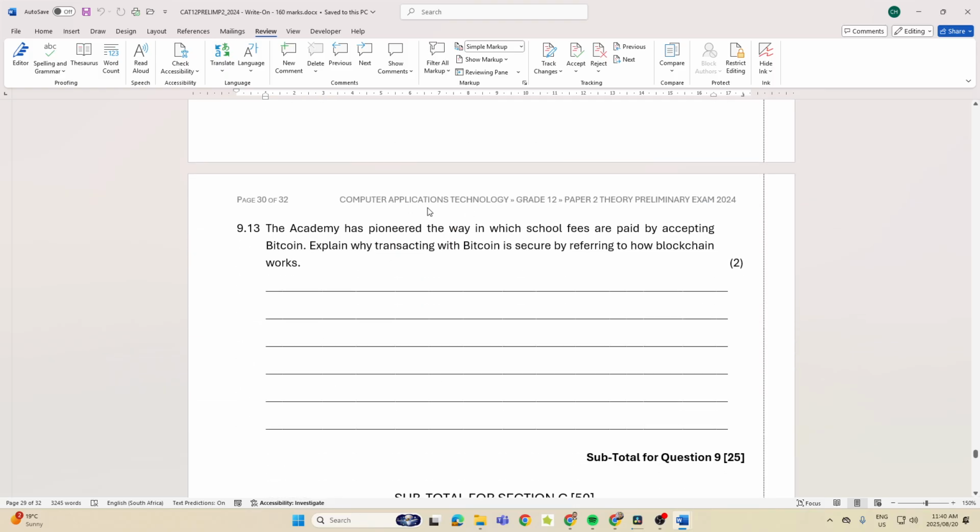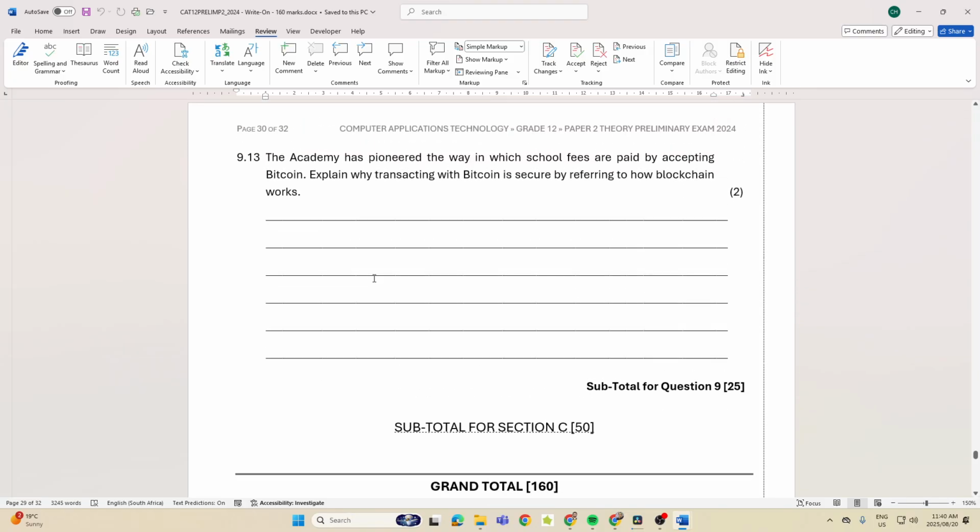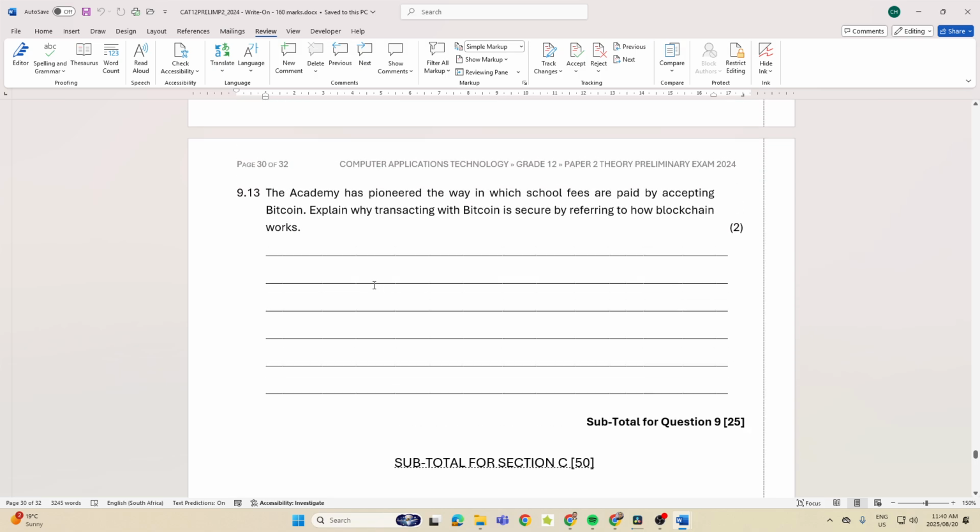Then they brought in cryptocurrencies with just 2 questions, just asking you to explain why transacting with Bitcoin is secure by referring to how the blockchain works as well. So you need to know what the blockchain is, you need to know that Bitcoin is an example of a cryptocurrency. Right, and that was section C.